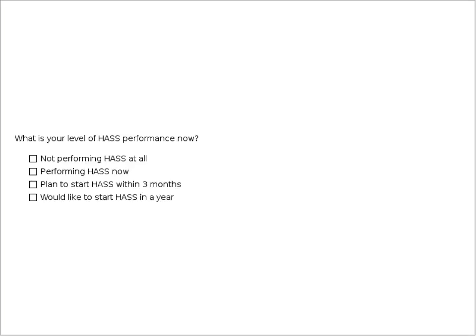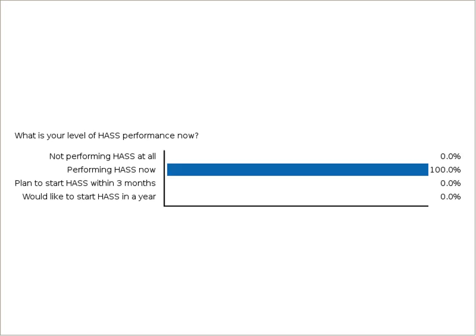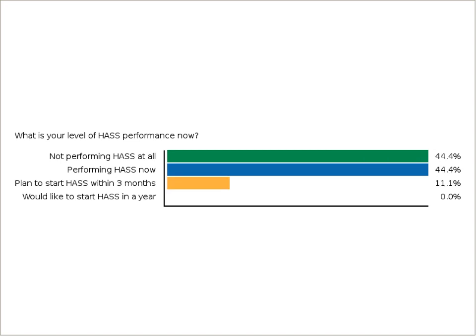And just for fun, I do like to start these off with a quick poll. So we'll take a few minutes now. If you'd check off on the poll that you see here, what the level is of the HASS performance that you're doing now. If you aren't doing any HASS, all the way up to you're thinking of getting it started sometime in the next year, just to give us all an idea of the level of use of the technology amongst the folks that are listening.